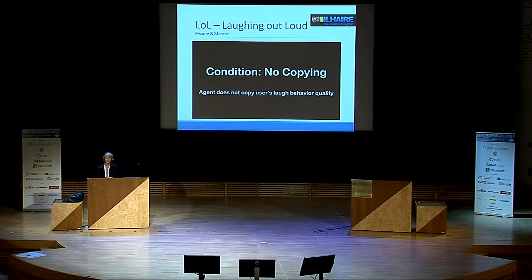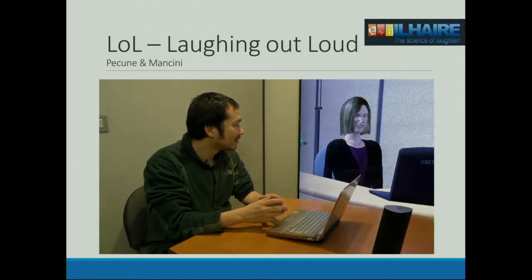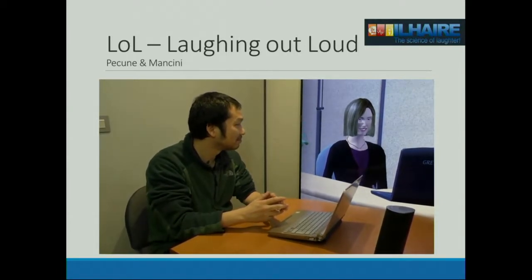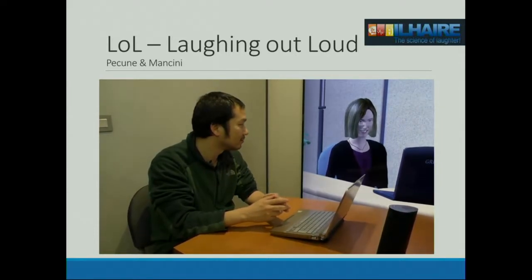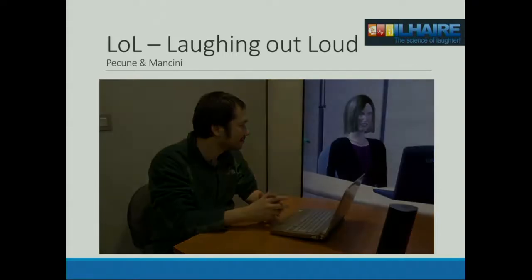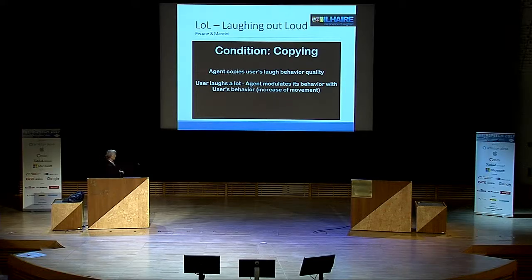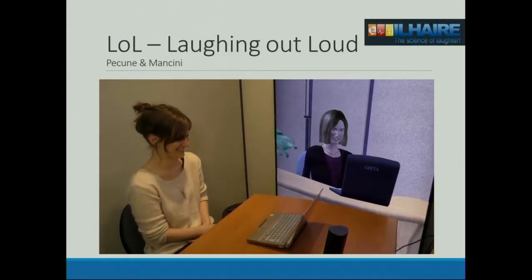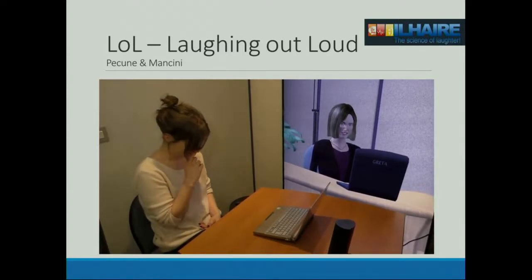Okay, so let me show you two examples where you have no copying behaviors. So he was not understanding very much what was happening to the users. And here we have the copying behaviors, where the agent has its own laughing behaviors, but adapts the quality of its movement based on users' movement.